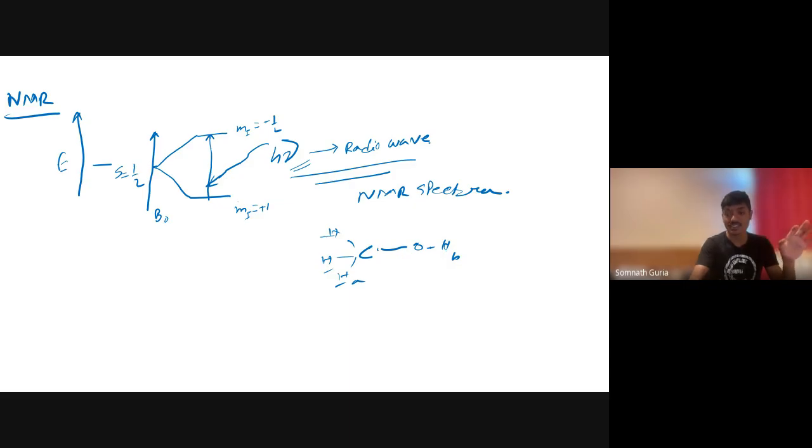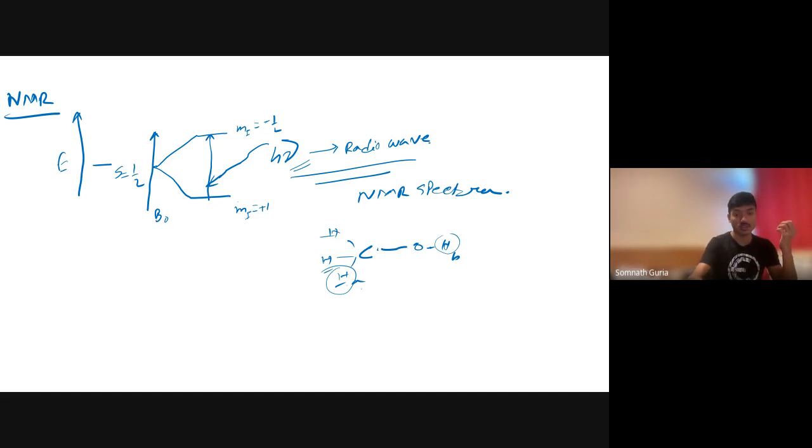That's why we are getting a different proton NMR with respect to the other hydrogens. This hydrogen we are talking about also has a different position because the electron density of that particular proton is different.